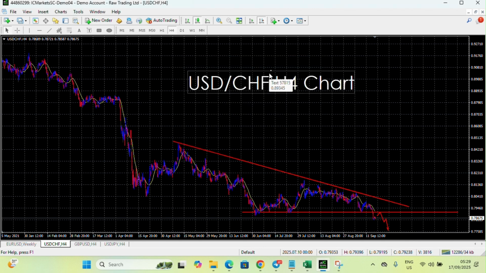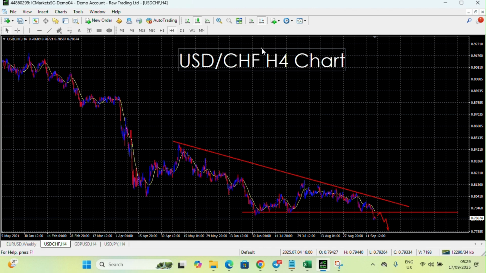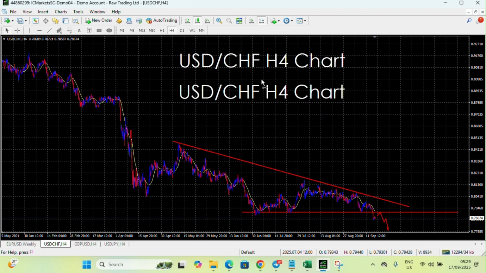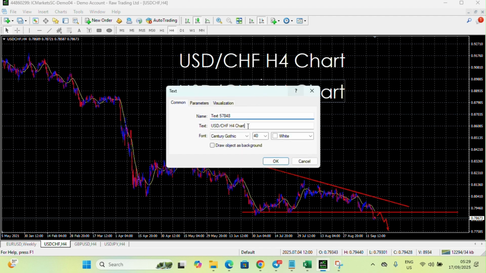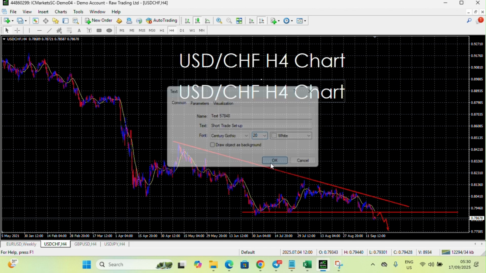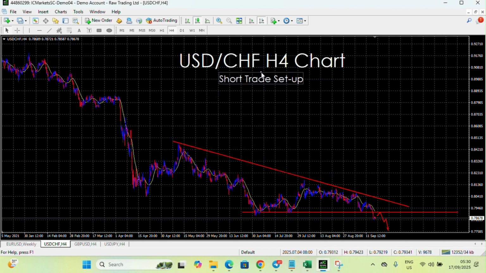Then we said it is a sell trade opportunity. So we have it as sell short trade setup at 20.